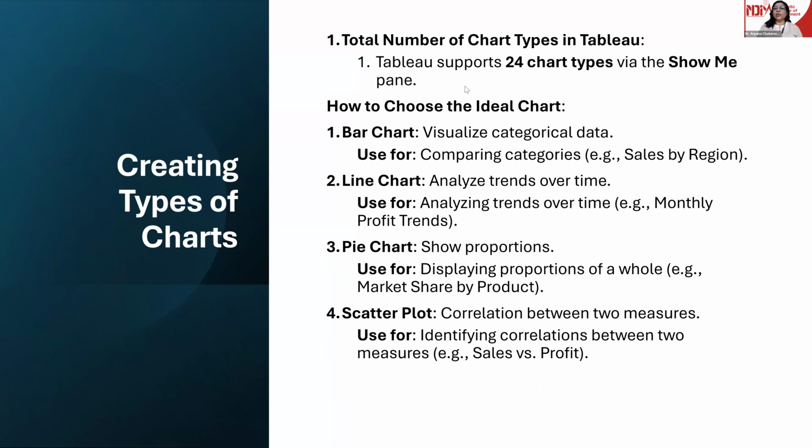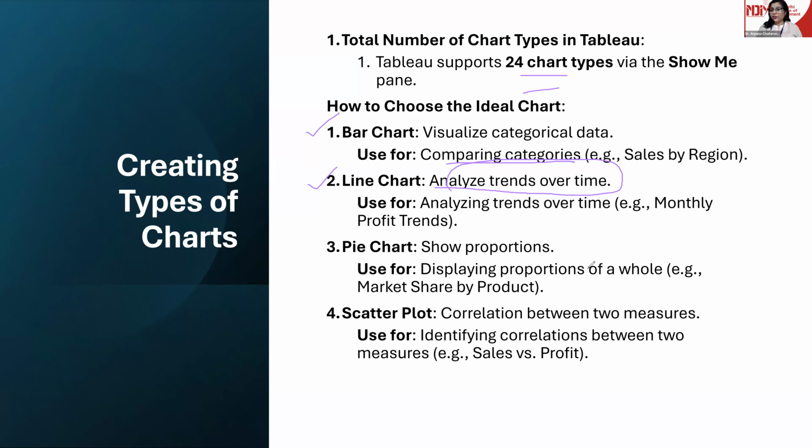Then we talked about various charts yesterday. By default, there are 24 charts, right? I want to give you a quick review. When you have to compare various categories, you will go for a bar chart, like sales by region, category by sales, subcategory by sales, subcategory by profit. Whenever you have to look at the trend, how the sales are going on a monthly basis, quarterly basis, yearly basis, then you will go for a line chart.